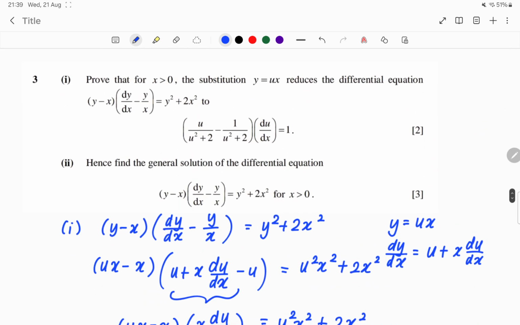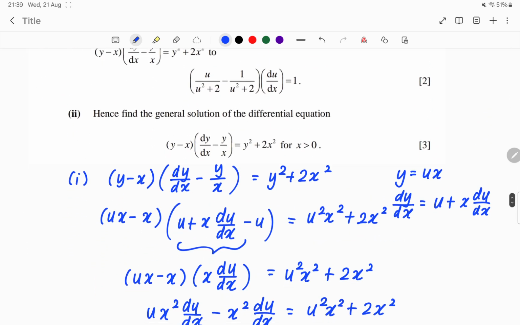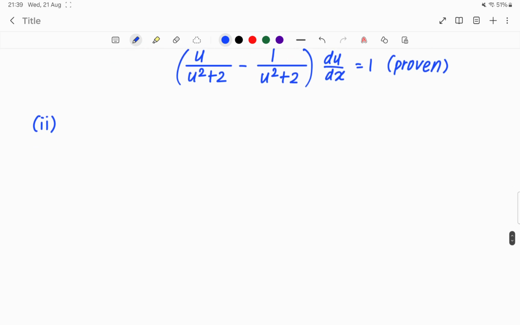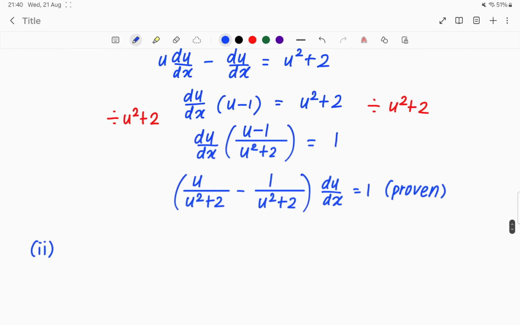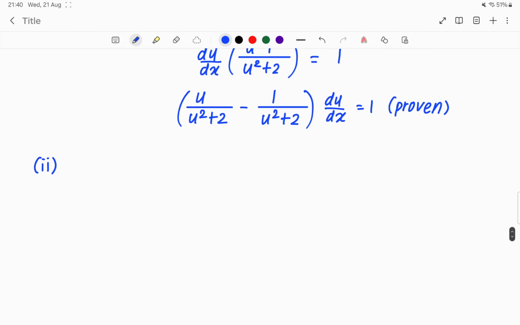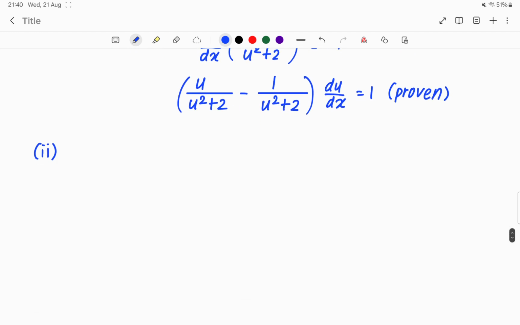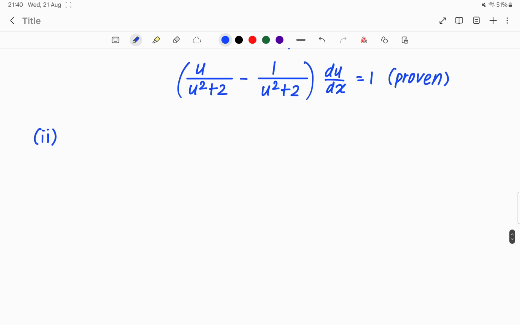So for part 2, we want to find the general solution of this DE. So we've reduced it to this already. So then for H2 math, DE is somewhat easier because we can only solve DEs using separable variables. So from what we have previously, we can just integrate both sides with respect to x.